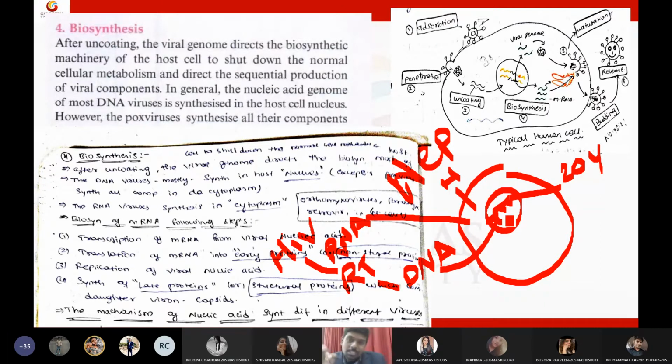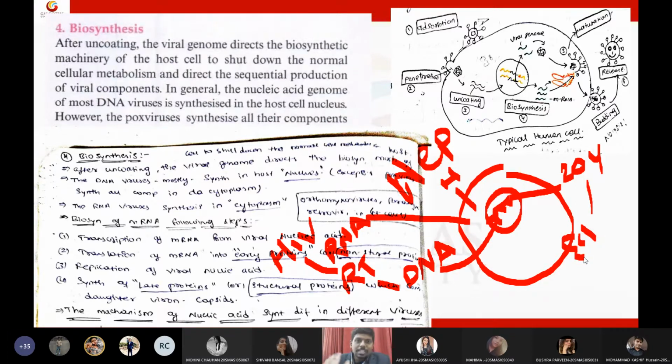Not even the immune system knows this. Not even a PCR test can detect this. Not even any blood test can detect HIV if HIV embeds its DNA into the nucleus. This stage of viral replication is called the eclipse phase.